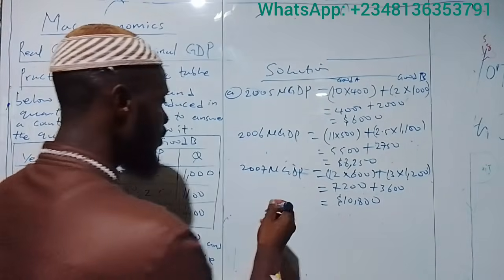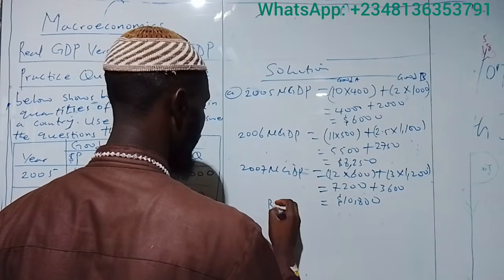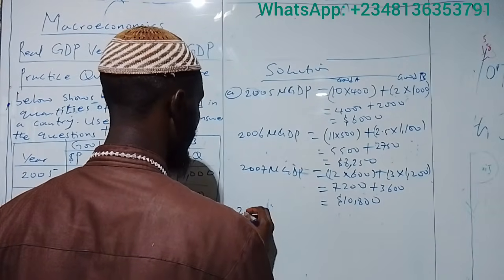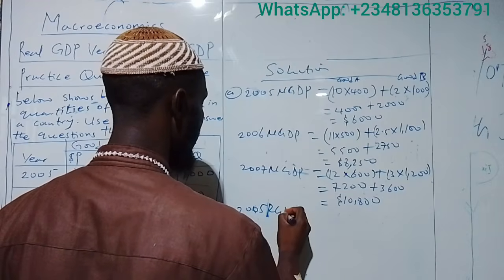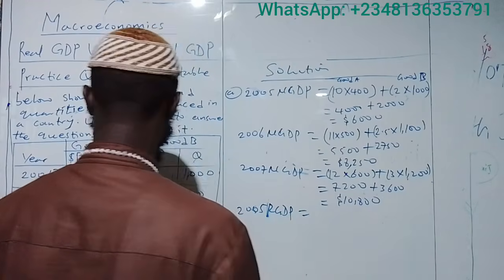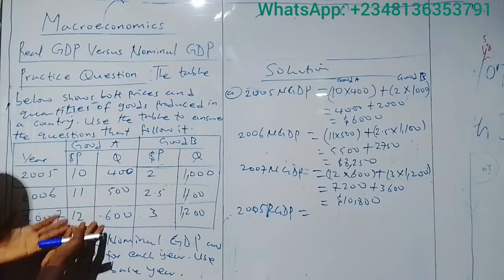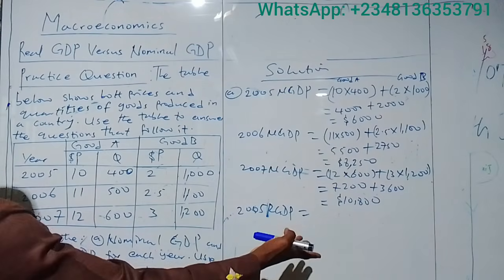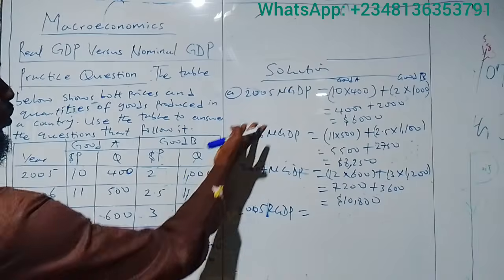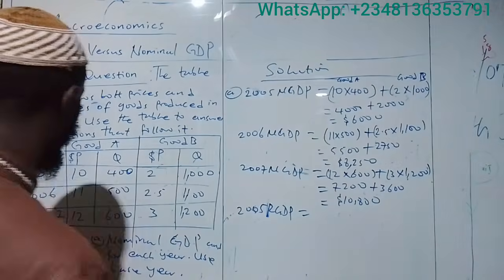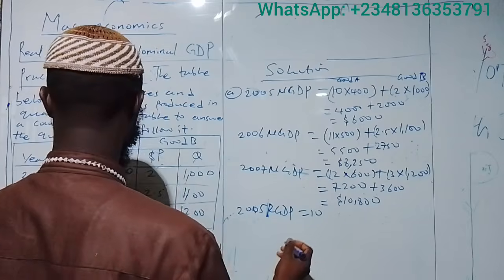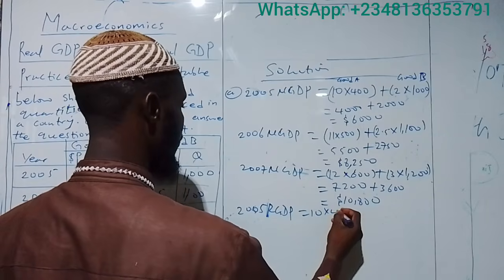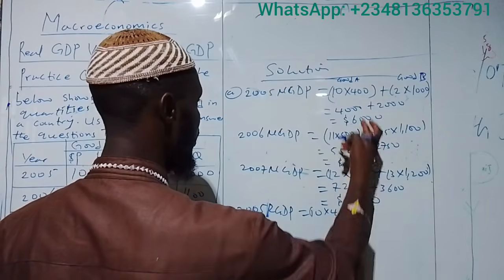Okay, now let's continue. This is real GDP now. So let's start from 2005 real GDP. Since we have got the base year, we don't have a choice, we are going to do the same thing we did here. So the price 10 still remains 10 for good A multiplied by 400, like we did here.